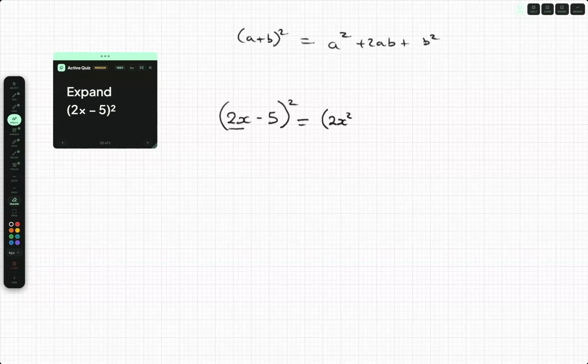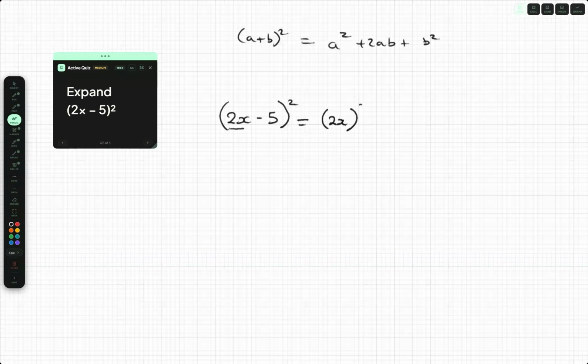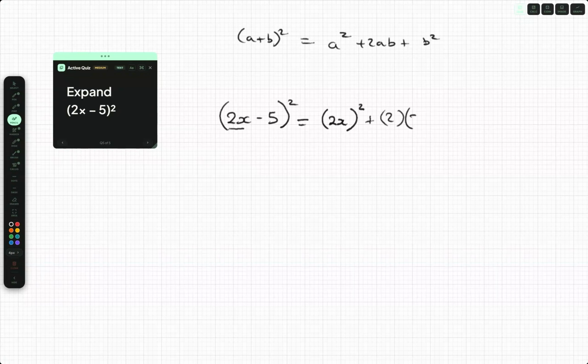Sorry, erase that. 2x squared plus 2 times a, which is 2x, times b, which is minus 5, plus negative 5, which is our b, to the power of 2.